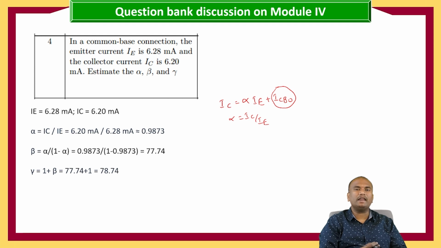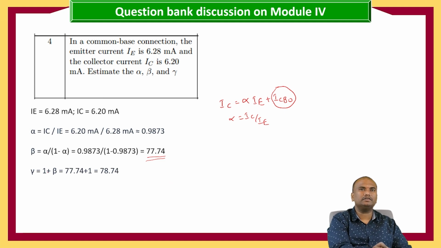So first let us calculate the beta value, where beta is equal to alpha by 1 minus alpha, which is equal to 0.9873 by 1 minus 0.9873, which will give us the value as 77.74. Now we got the beta value as 77.74, and the gamma value is equal to 1 plus beta, that is 77.74 plus 1, which is equal to 78.74.